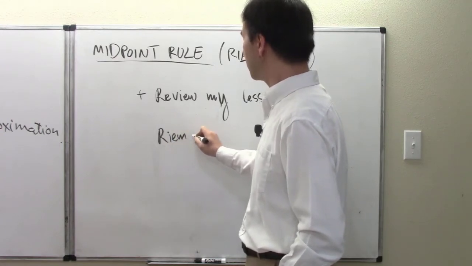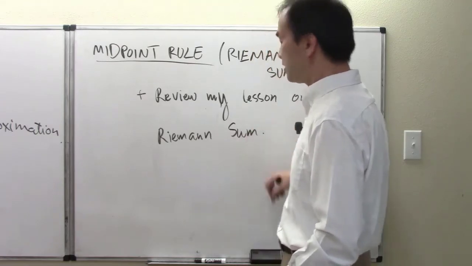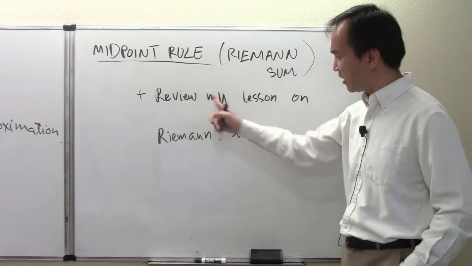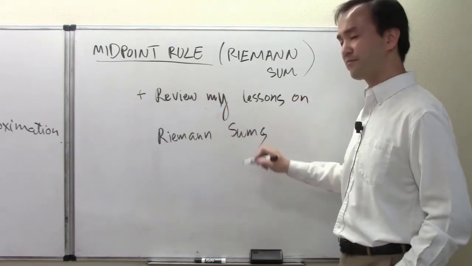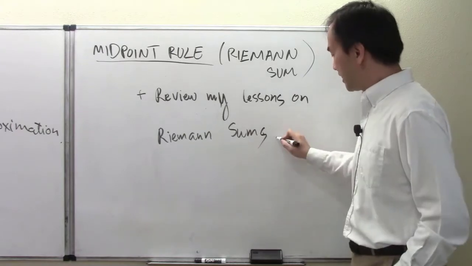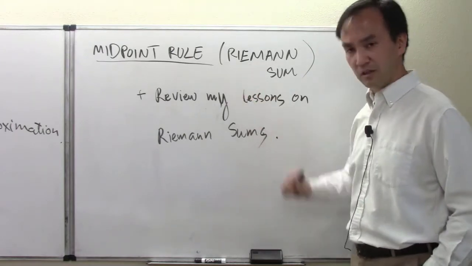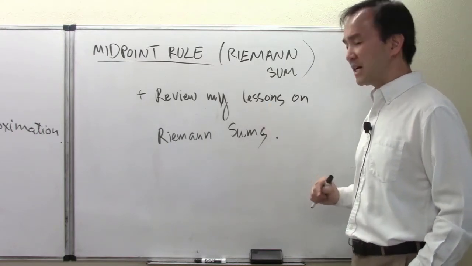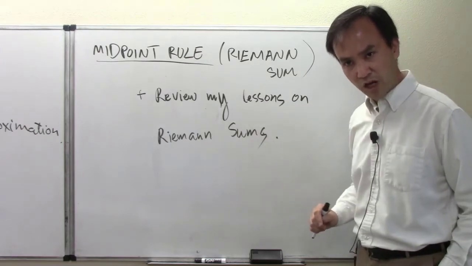So this was already discussed in earlier video lessons, so there's no need to repeat, because I also covered it in a good amount of detail there already. So how to get it done, you can review all of the lessons on Riemann sums. There's no need to waste anyone's time to go over this again. So go ahead and find my other lessons on the Riemann sums and review those concepts there.